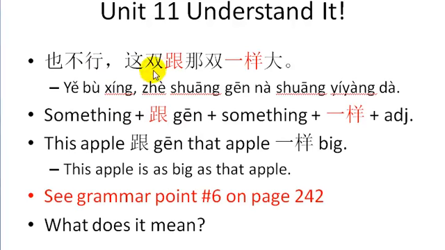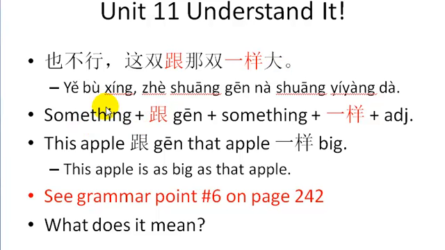Okay, in this sentence we have a comparison taking place. So you have 这双, which means this pair of shoes. And then you have this 跟, and then you have 那双, that pair. So this pair and that pair. 一样大. Okay?